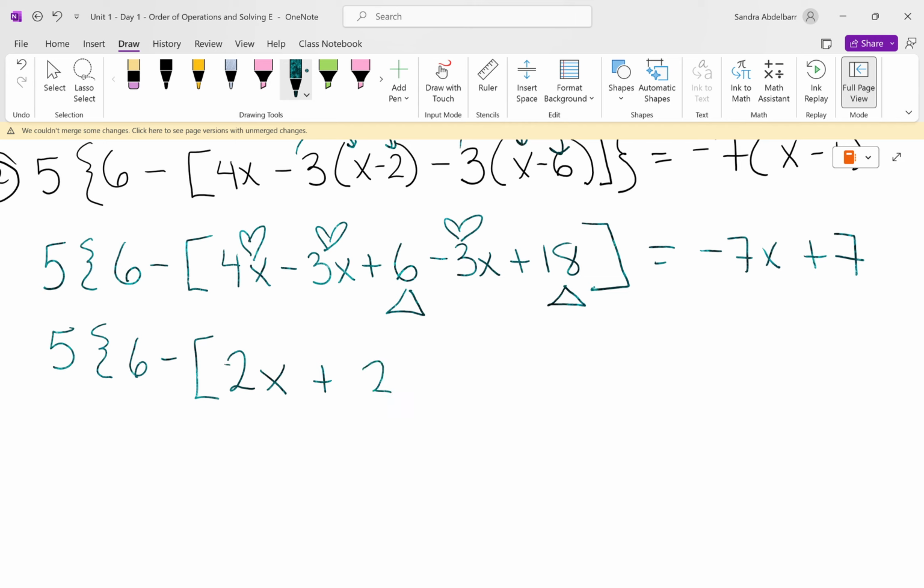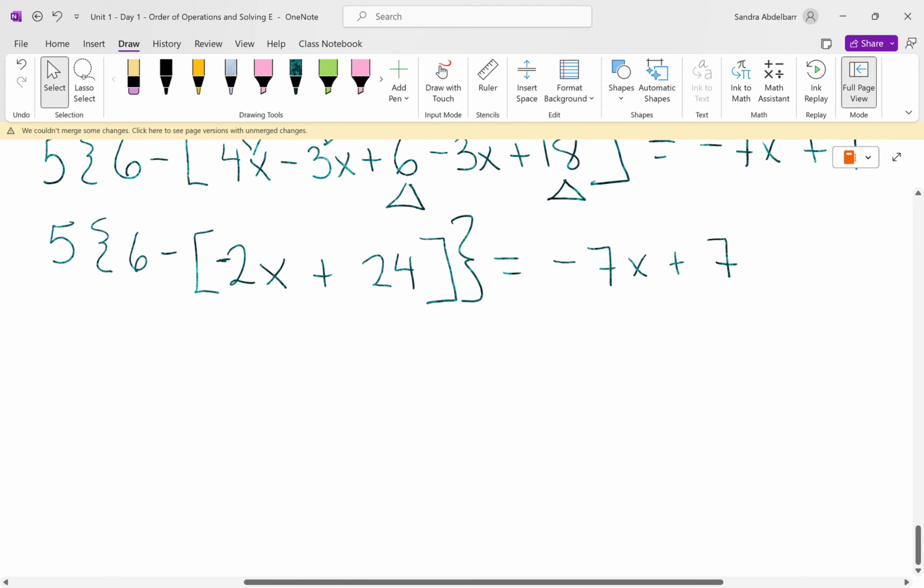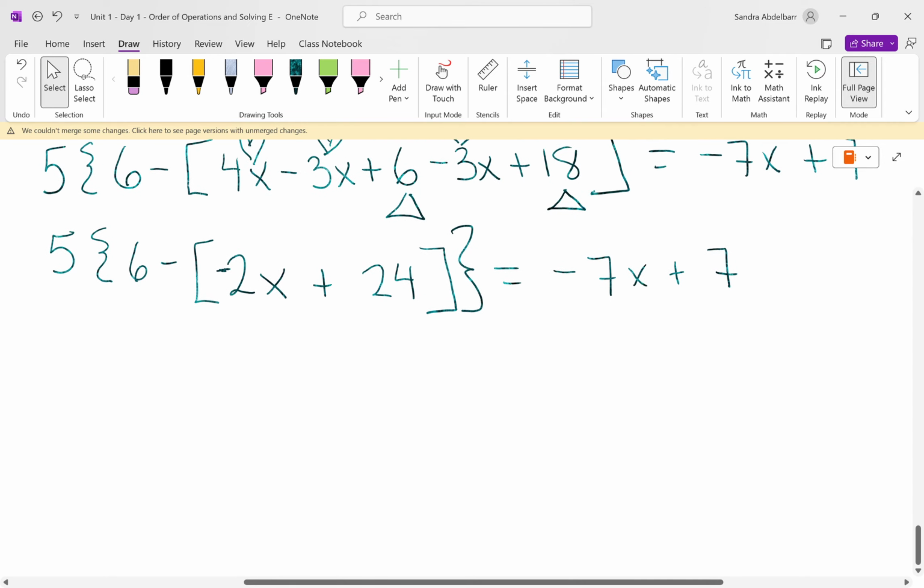And then we have +6 and a +18, which gives us a +24, equals -7x plus 7. Close these brackets here.